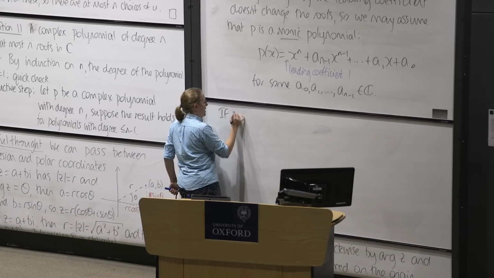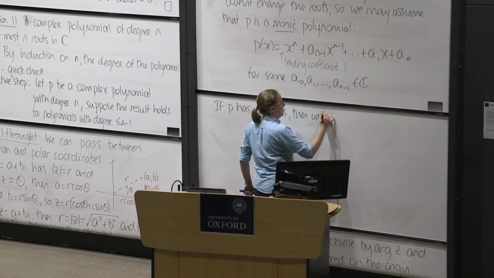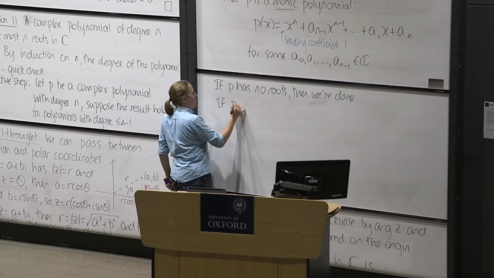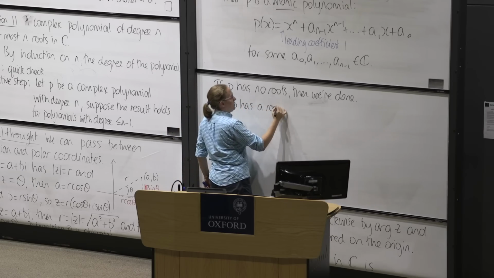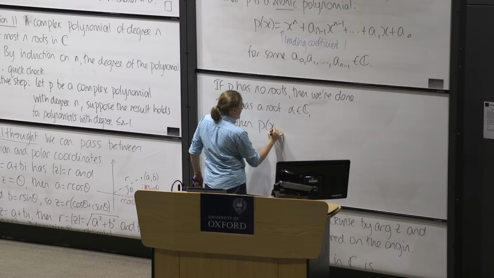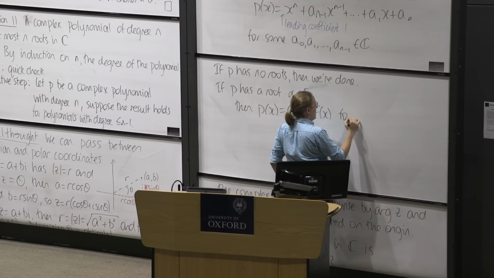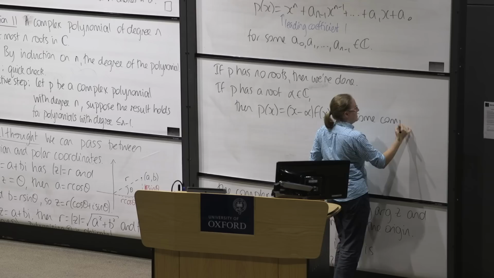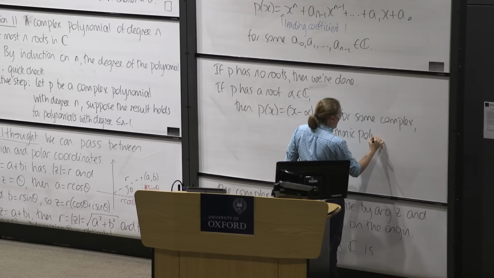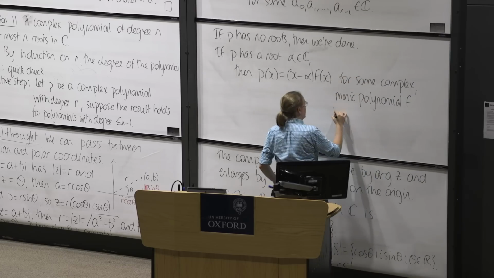If P has no roots, then we're done. If P has a root, say alpha in C, then P of x is equal to x minus alpha times f of x for some complex monic polynomial f with degree n minus 1.